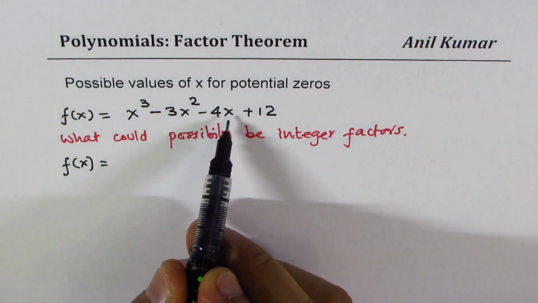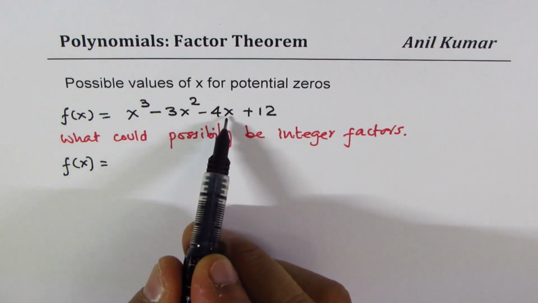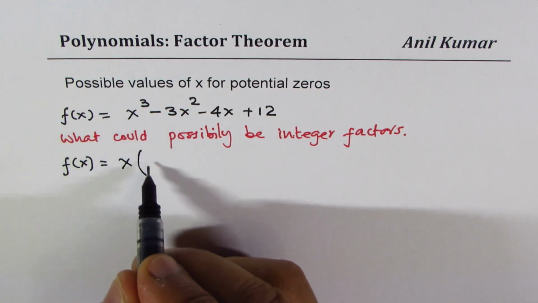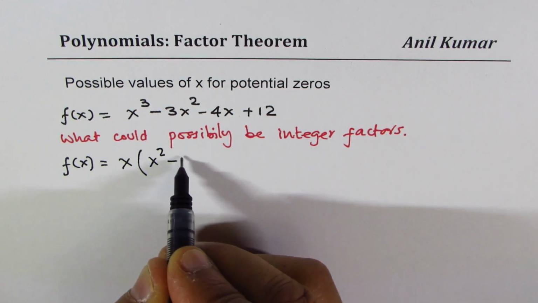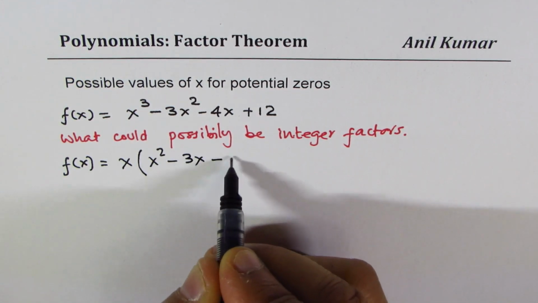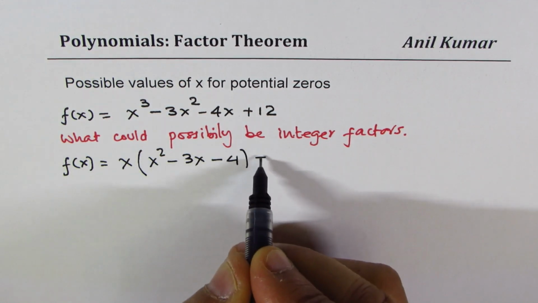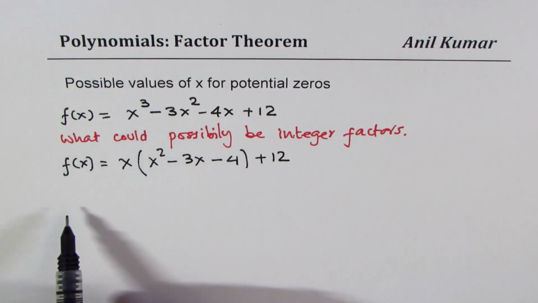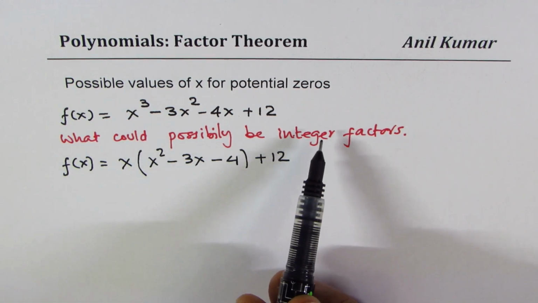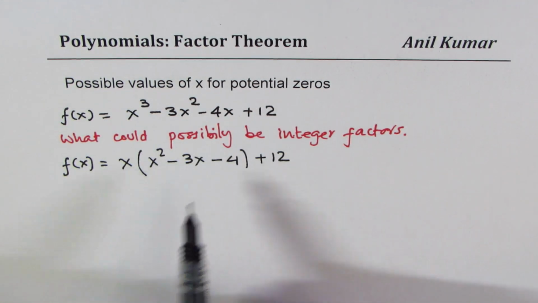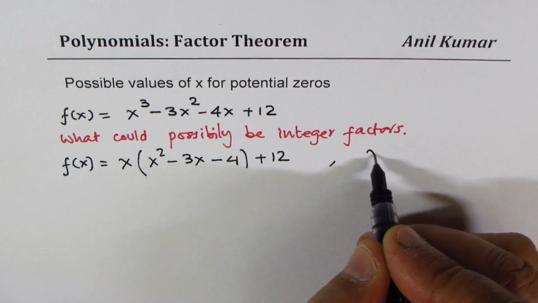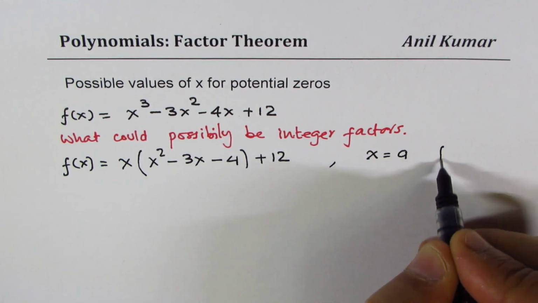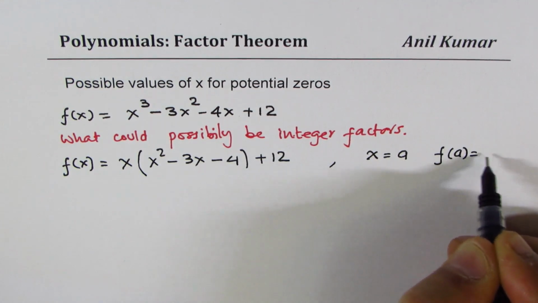We see in the first part there are some x values, and we can take x common. So I could write this as x times x squared minus 3x minus 4, and let's keep this 12. Now we just factored out x from here. Now we are looking for factors, that is to say, let us say that x equals a gives us a 0, that is, f of a is 0.